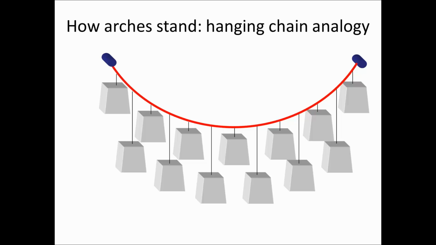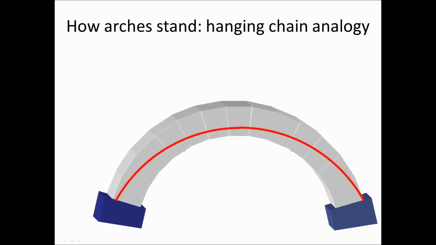But if we look at the analogy, Robert Hooke said if you have a weightless chain or cable, you hang the voussoirs that you're going to use to form your masonry arch from that cable. You look at the profile shown in red, you then invert it, and you can fit that profile entirely within the thickness of the masonry, then your arch will successfully stand.